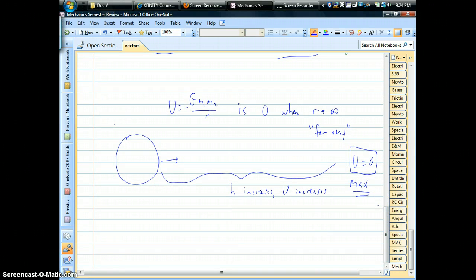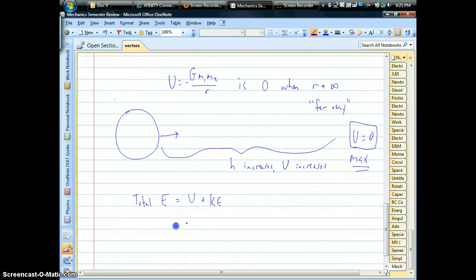Okay. Now, what that means for your total energy is kind of cool, because total energy is potential energy plus kinetic energy. Now, in this context, your potential energy is always negative. Kinetic energy, on the other hand, because you have your velocity squared in there, is always positive.